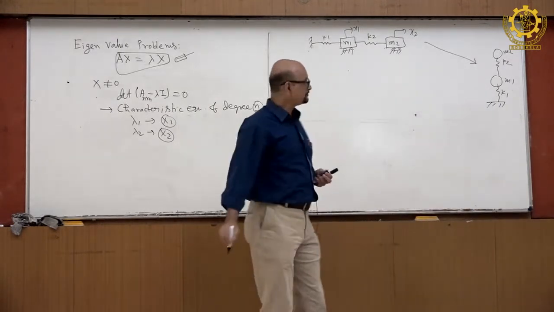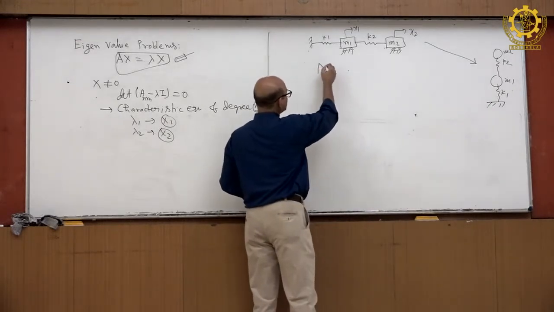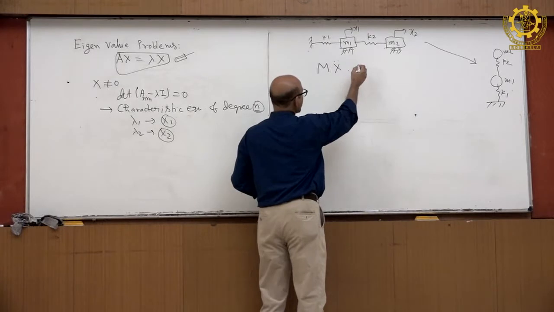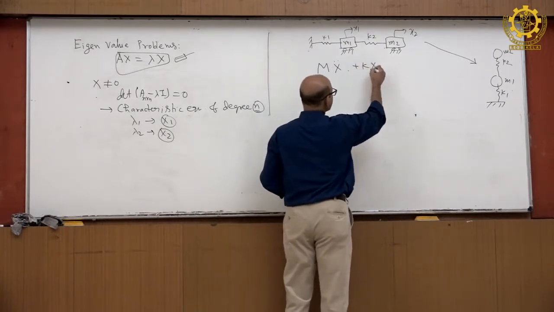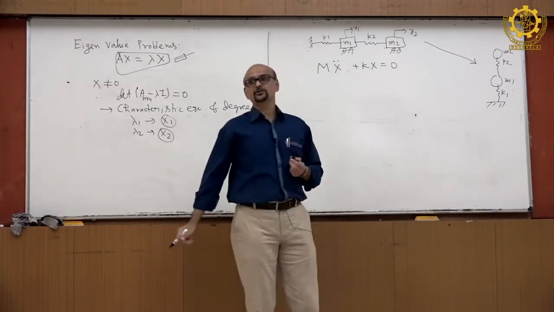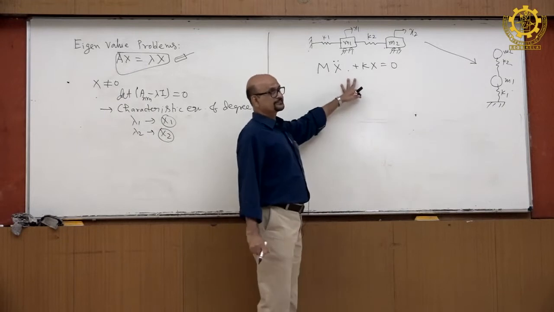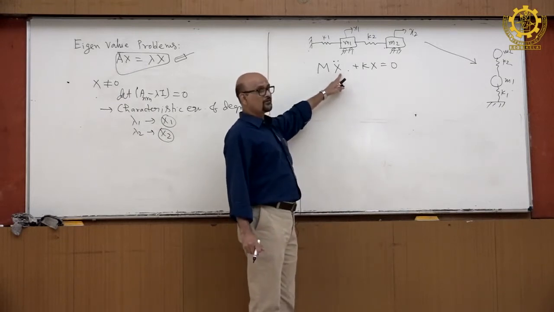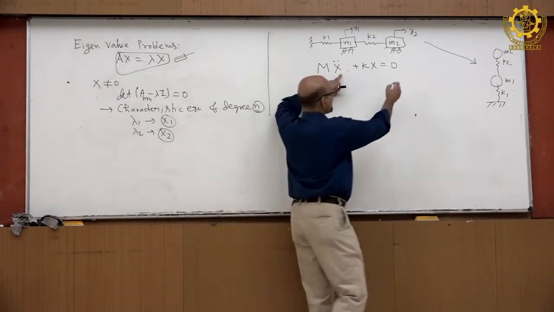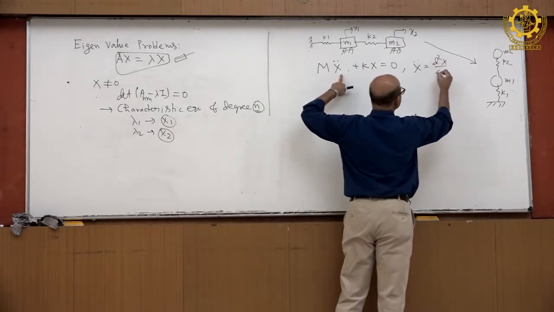Now, for this physical system, I can have the differential equation as M x double dot plus K x is equal to 0. This is a second order ordinary differential equation, where x double dot is d2x by dt square.